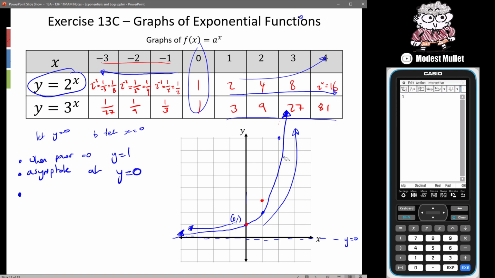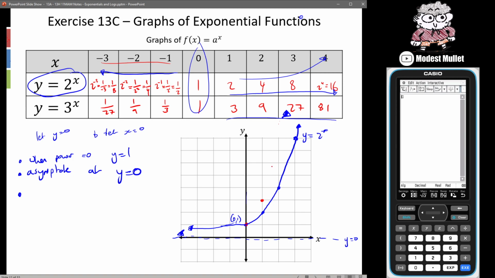I forgot to put the 4 in. My bad, on this previous one. I missed a number. When x is 2, y is 4, it goes through there, then through there. That is y equals 2 to the power of x.